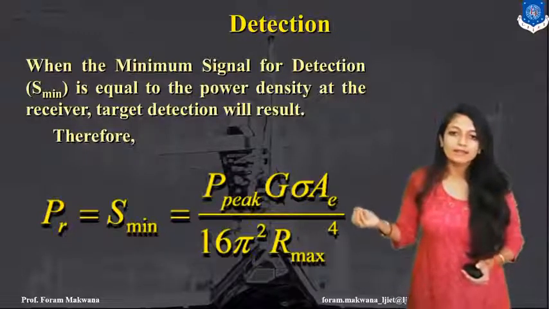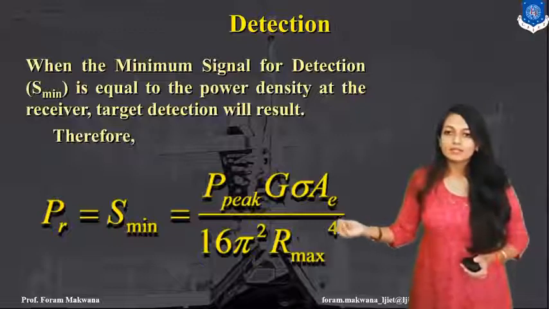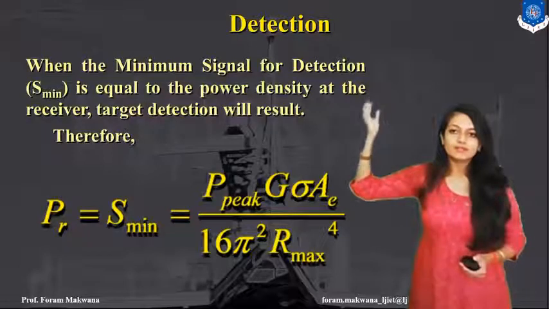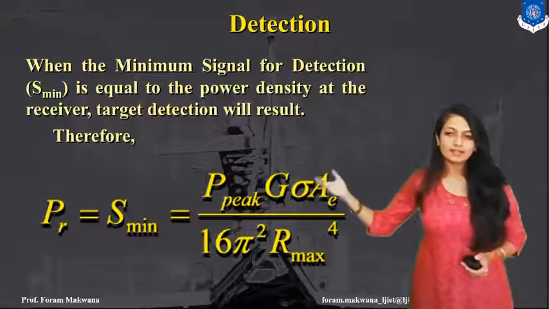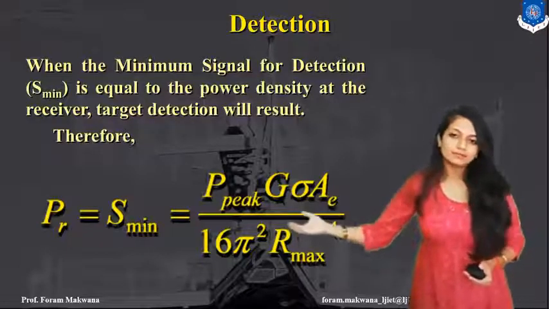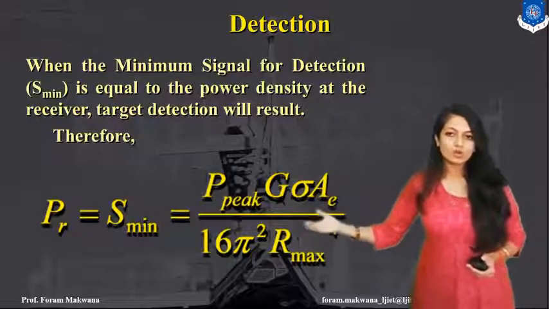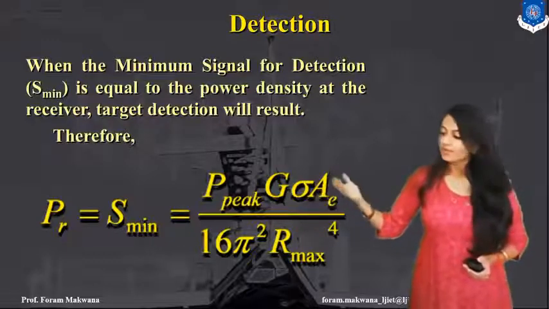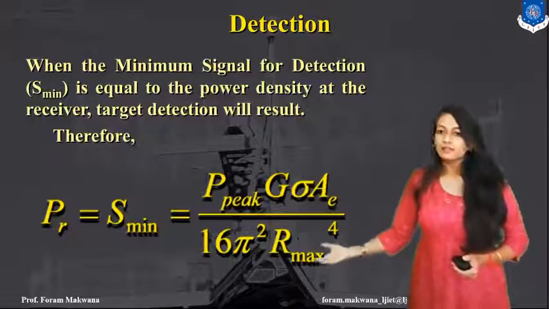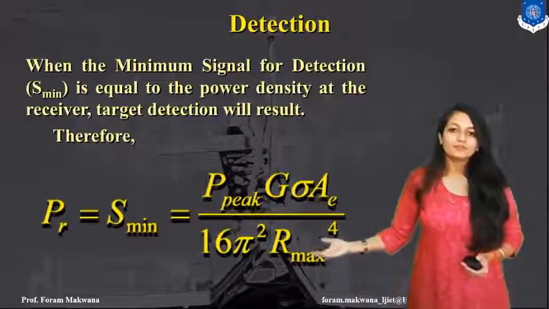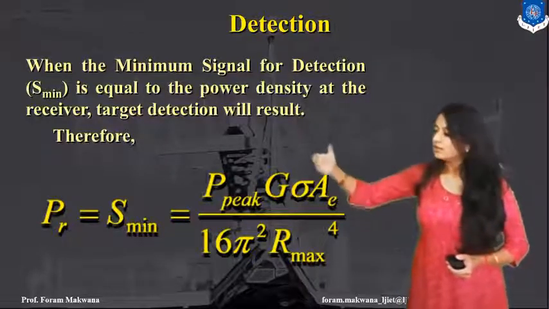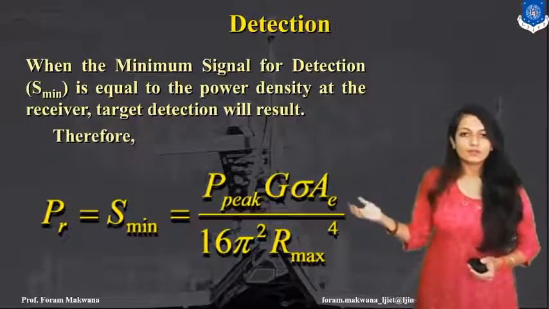That parameter is known as the minimum detectable signal, S min. So the received power is equal to S min, which depends on the peak power, gain, radar cross section, effective aperture, and the radar range raised to 4. This is the equation for the received power.